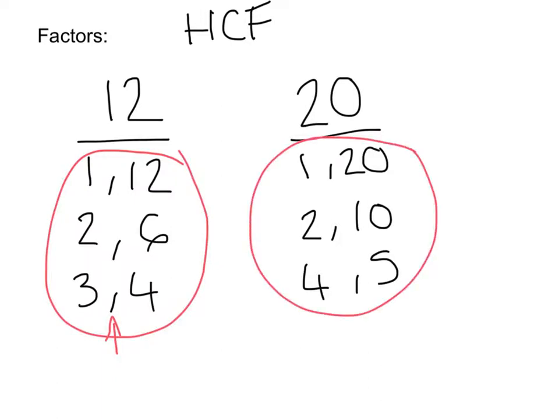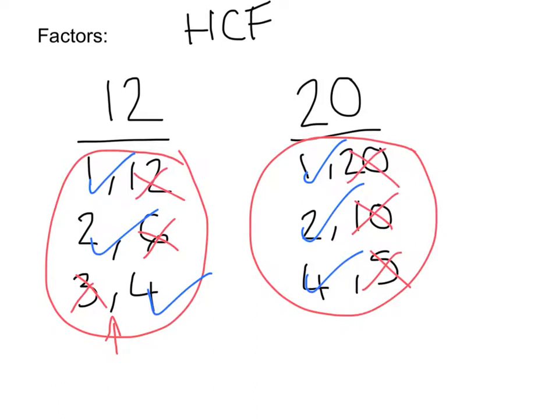Now if we look, 1 is in both of them, 2 is in both of them, 3 isn't, 4 is, 5 isn't, 6 isn't, 10 isn't, 12 isn't, and 20 isn't. So the largest number that goes into both of those is 4, and therefore the highest common factor of 12 and 20 is 4.